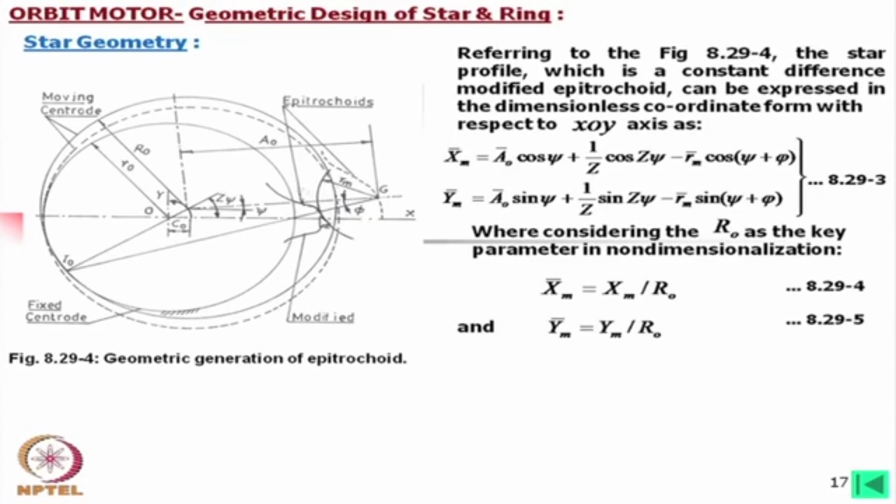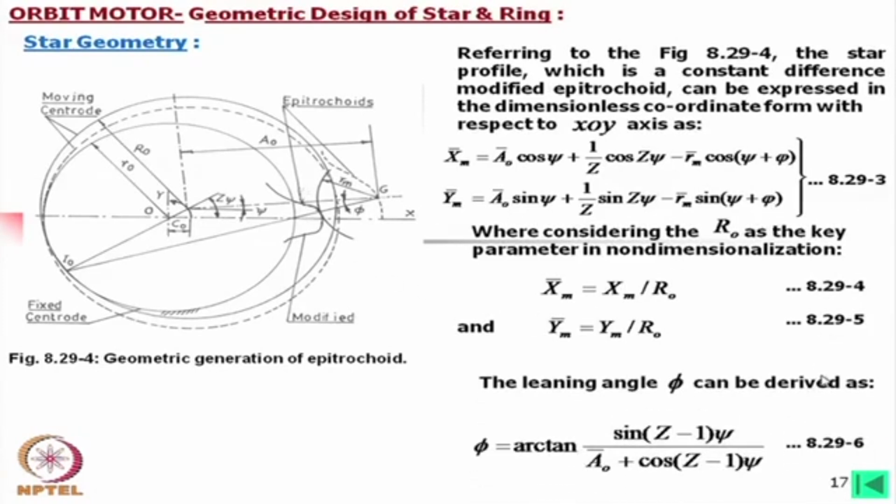Now, to find the equation of this point, we simply take this radius, in this inward direction, so the minus sign is there, and this angle plus this angle. Geometrically you can easily find this out. Only thing, this angle is the input angle of the rotation, which we can easily find, but for each and every point we have to calculate this leaning angle, which can be derived by this equation.